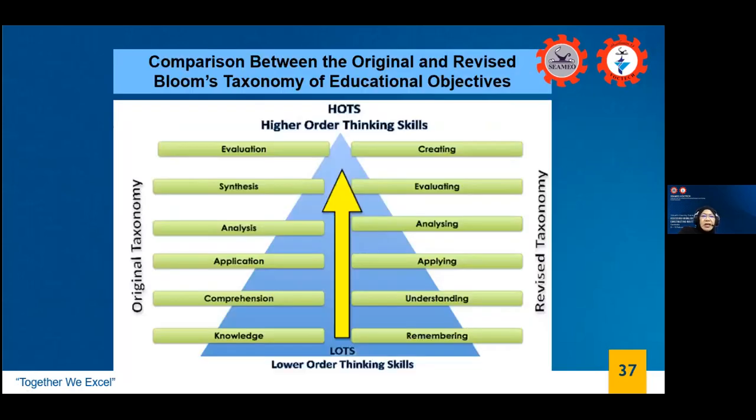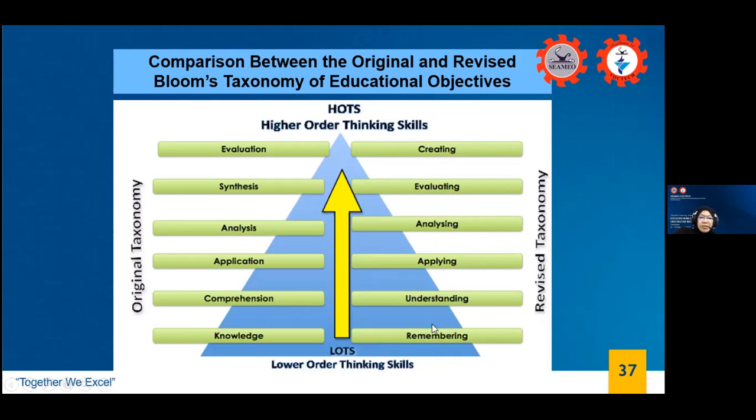Thank you. Next, this is just to tell you that this is the original taxonomy, then the revised, and then this is the HOTS, the higher order. What it's trying to say is, try not to assess your students only in the areas of the LOTS. Try to include in the test items that you develop, preferably going up here in the HOTS.